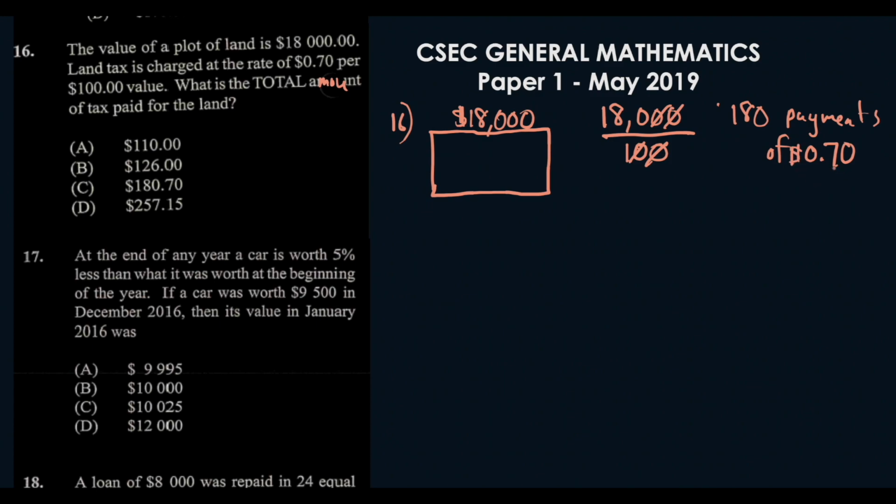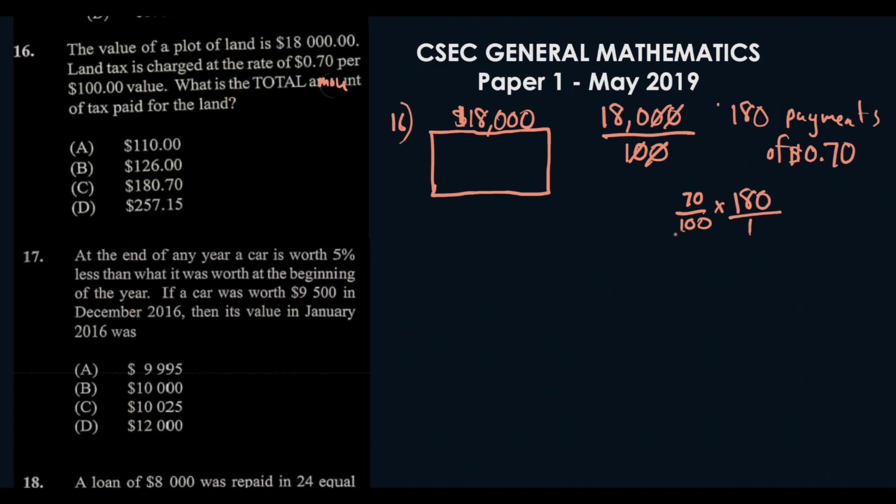So if I was to represent 70 cents as a fraction, I would have it as 70 over 100. So now you could see why I was calling it 70%, 70 over 100. And I have to multiply that to 180. So 180 over 1 would be it as a fraction.